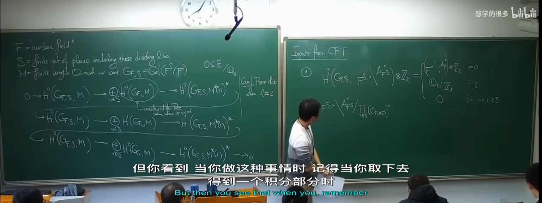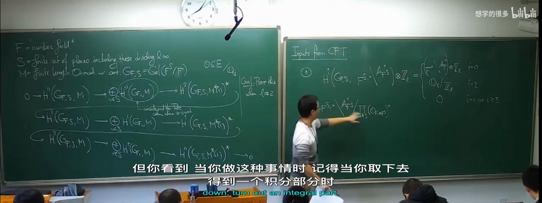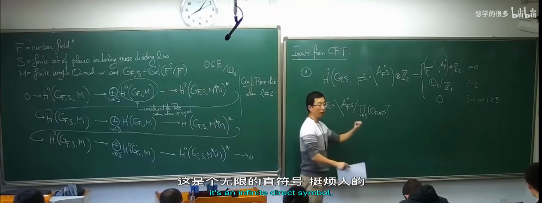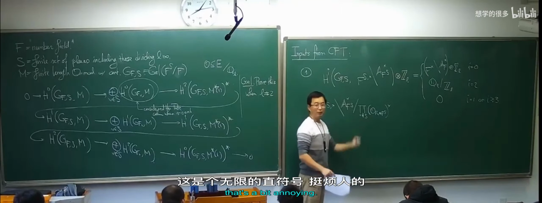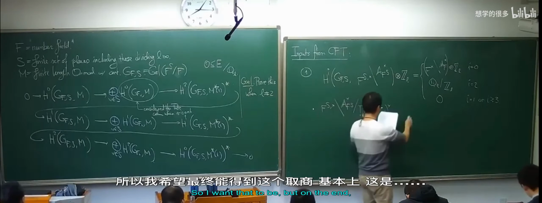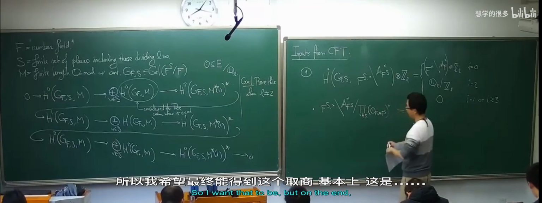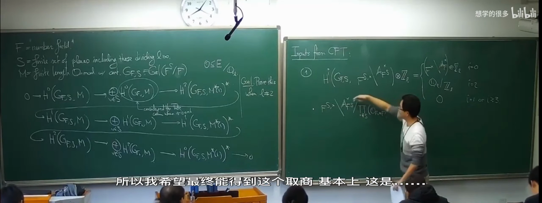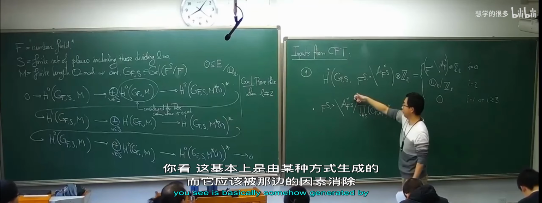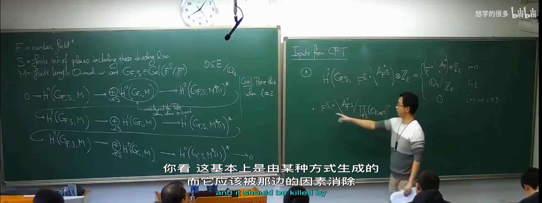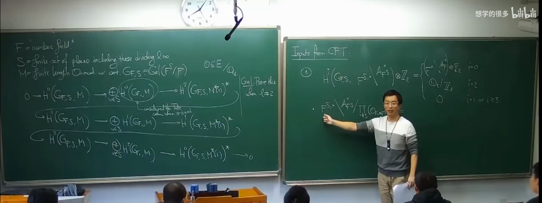part. But then you see that when you take out the integral part, it's an infinite direct sum of things. That's a bit annoying. On the other hand, this quotient is basically generated by uniformizers, and it should be killed by things on the other side.